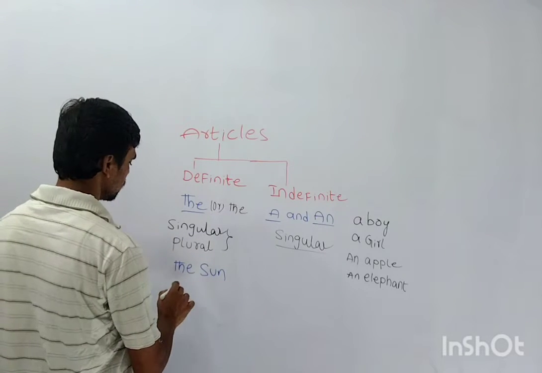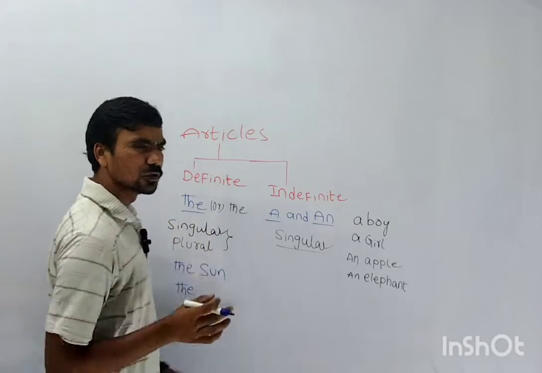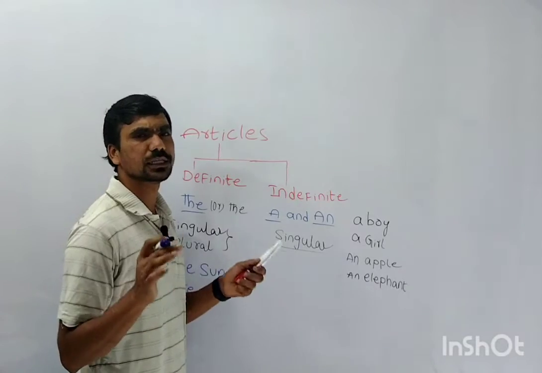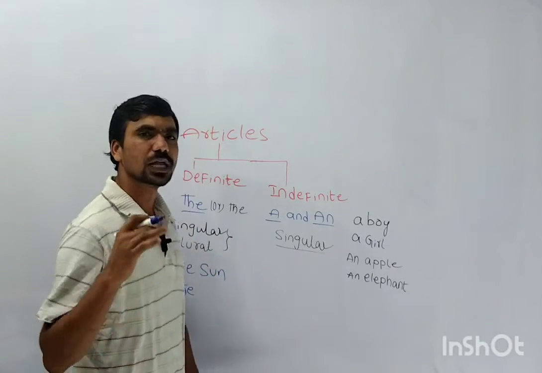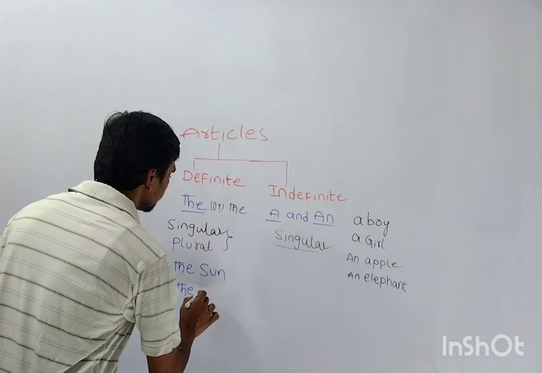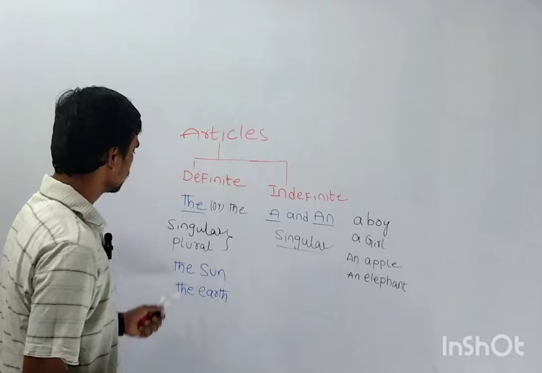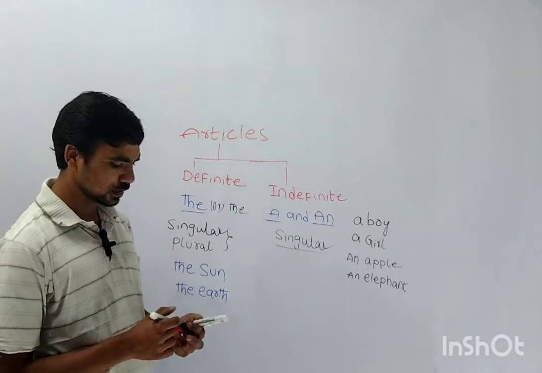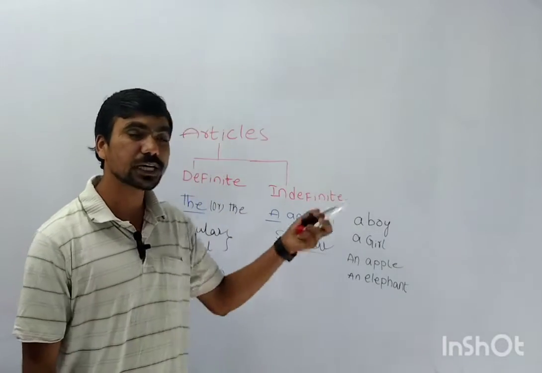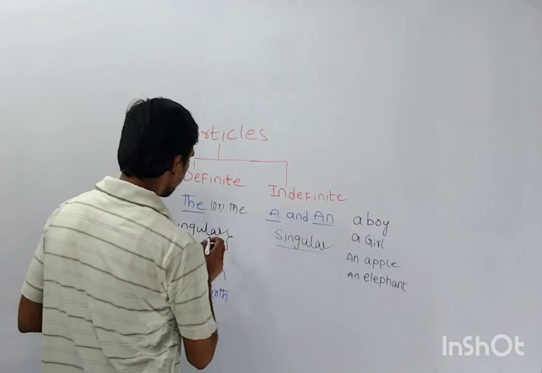No need to bother about how "the" is pronounced; "the" can come before a vowel sound as well as a consonant sound. So: the sun, the earth, the moon, the Everest. Here I am using only singular.